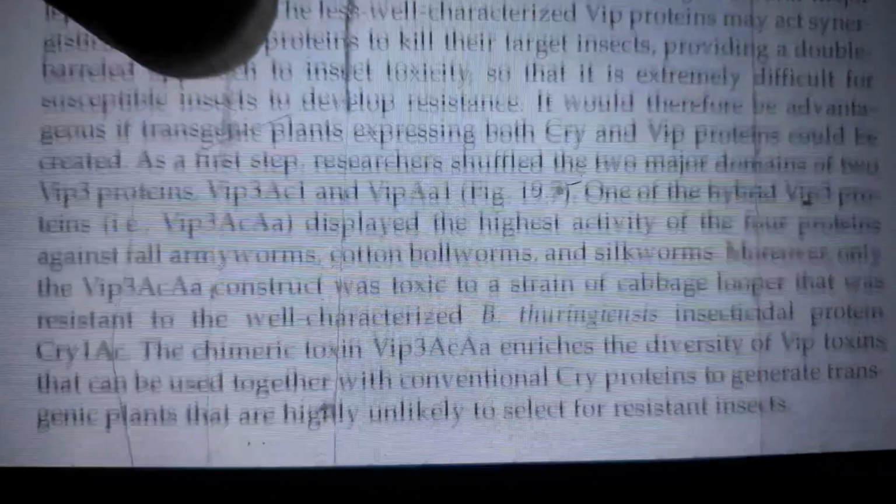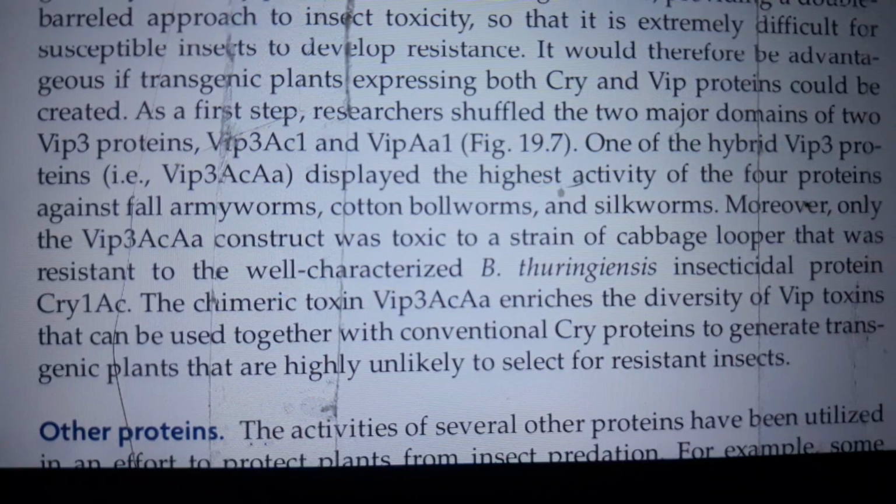As a first step, researchers shuffled the two major domains of two VIP3 proteins and displayed the high activity. One of the hybrid VIP3 proteins displayed high activity against beet armyworms, fall armyworms, cotton bollworms, and silkworms.